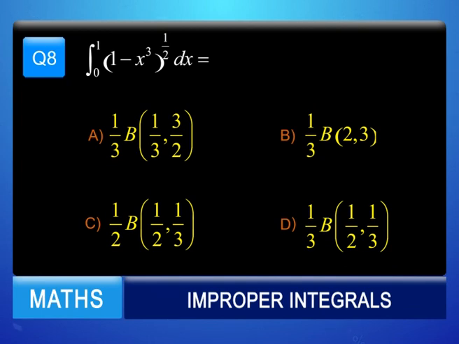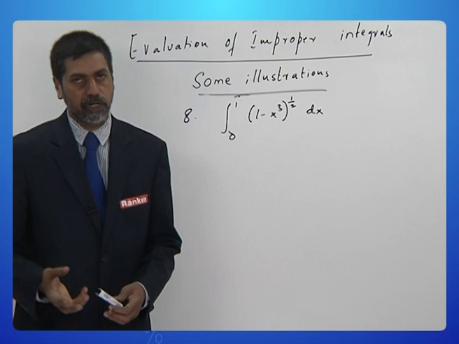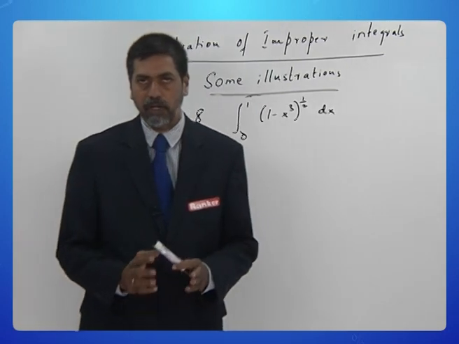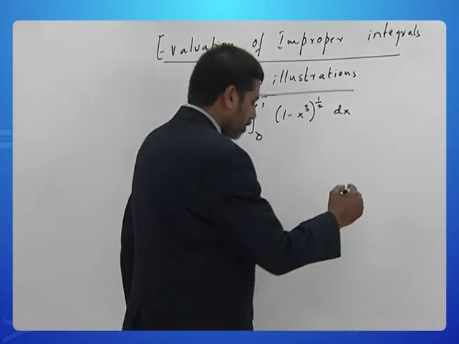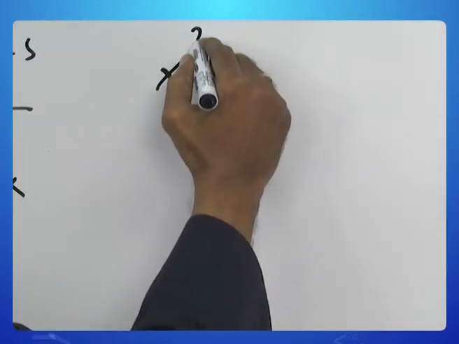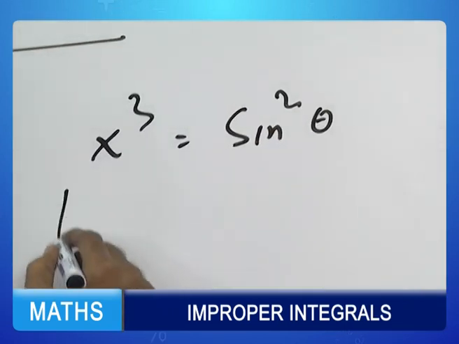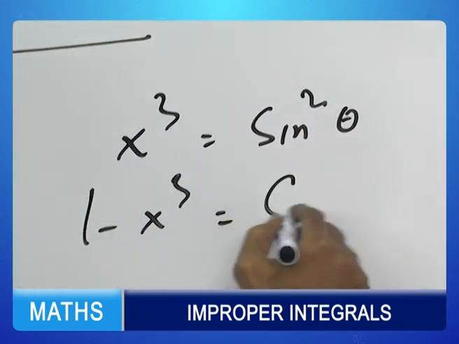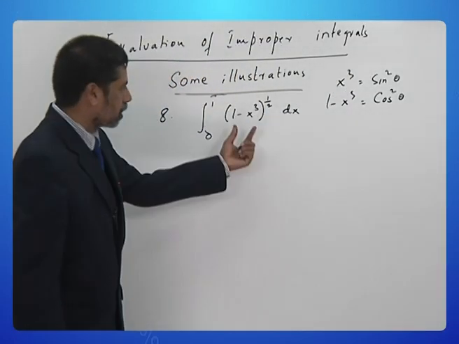So we make a trigonometric substitution. x cube is equal to sine square theta. So 1 minus x cube reduces to cos square theta, right? So this becomes cos square theta.